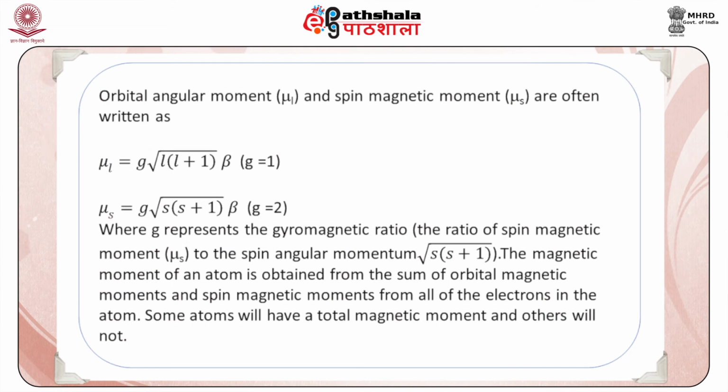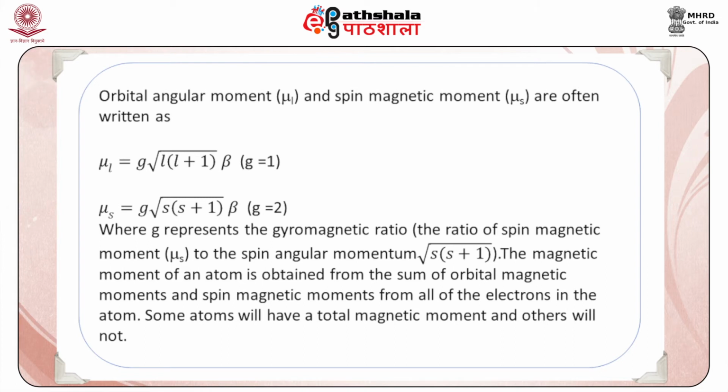Orbital angular momentum μL and spin magnetic moment μS are often written as μL = g√(L(L+1)) β, where g = 1, and μS = g√(s(s+1)) β, where g = 2, where g represents the gyromagnetic ratio, the ratio of spin magnetic moment to the spin angular momentum.